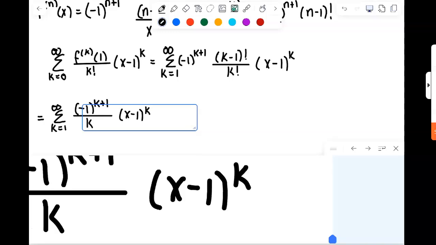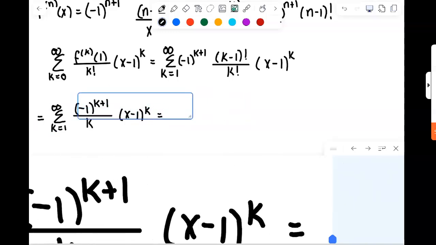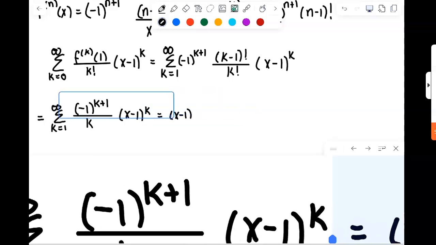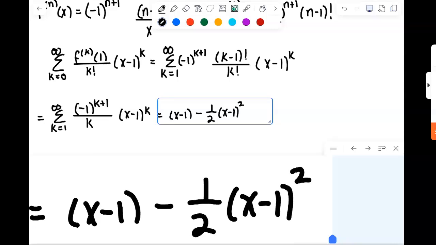All right, so there's our series for the ln of x centered at 1. And just for reference, the first few terms: k equals 1, that's going to be a positive power, so that's actually just going to be x minus 1. K equals 2, that'll be a minus, so minus 1/2 x minus 1 squared.